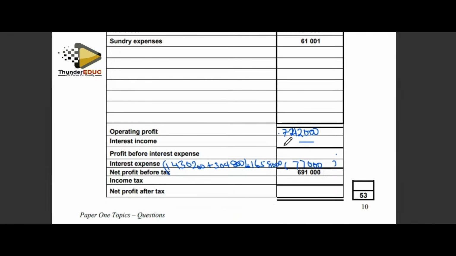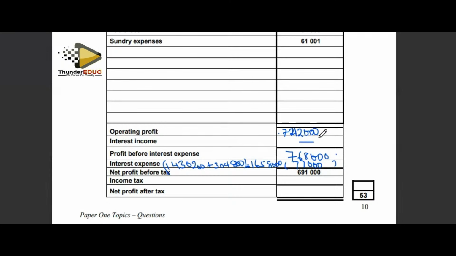I think what you are getting is what I'm getting, 76,800, right? Now, remember, this is our profit before tax.